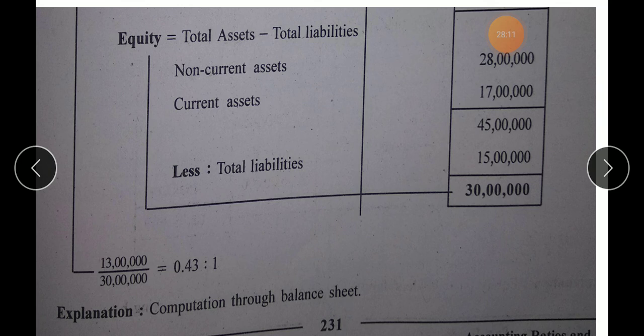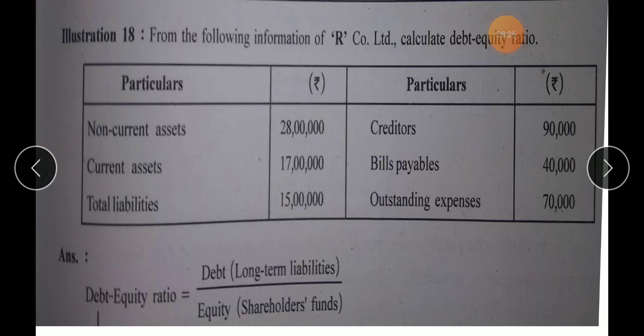And the answer obtained is 0.43:1. As I said, the answer is to be presented in terms of proportion. Alright then, with this we have completed illustration 18 also about calculation of debt equity ratio.